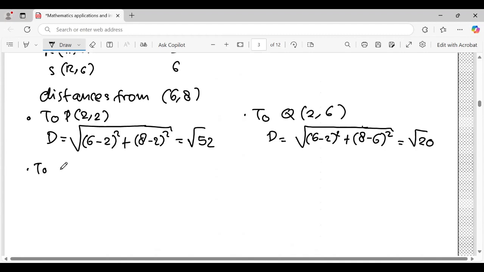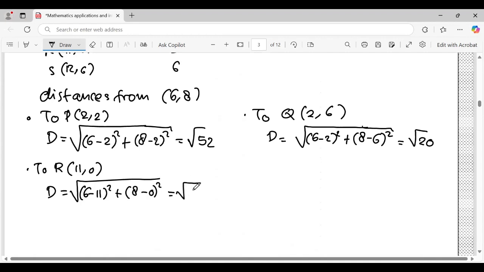Next, to R (11, 0). From (6, 8) to R, the distance equals the square root of (6 minus 11) squared plus (8 minus 0) squared, which equals square root 89.